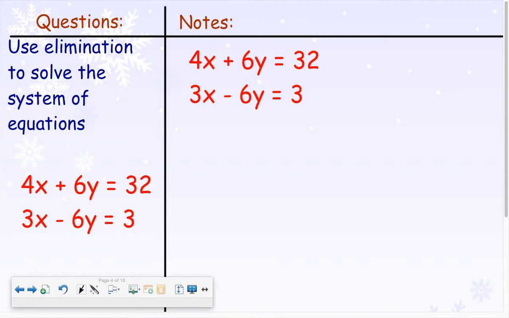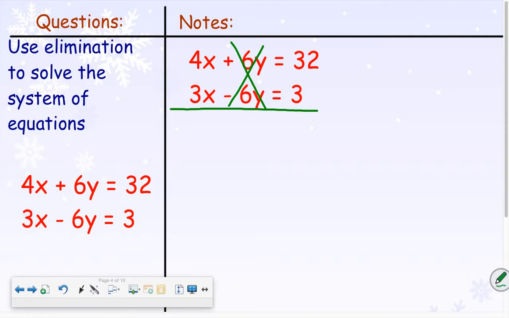So x and y are on the same side, and one of the variables is making opposites, meaning we're going to be able to eliminate something. So if you look at this system, and you look at what you can eliminate, meaning what makes 0, 6 and negative 6 make 0. So right away we're going to cross those off. That can be eliminated.